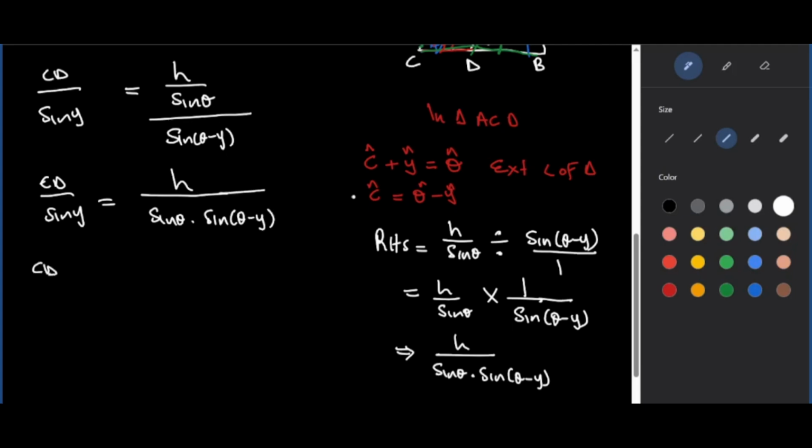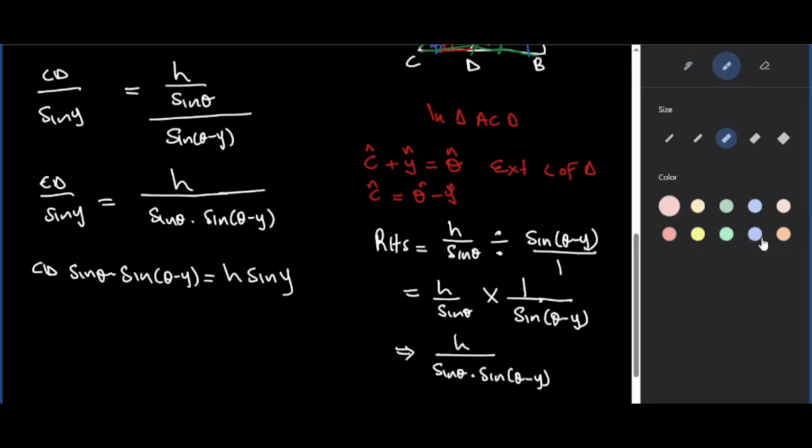So CD times the sine of theta times the sine of theta minus y is equal to h times the sine y. What we did here, we just multiplied this one with the CD, and we multiplied this one with that. You understand that?